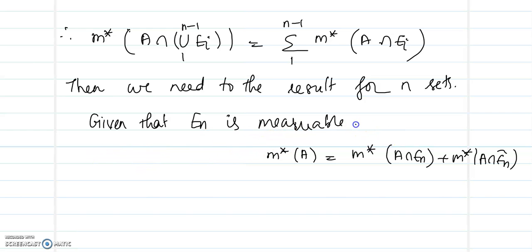Now A നമ്മൾ A intersection union 1 to n Ei ആയിട്ട് എടുക്കും, and let us see what happens.